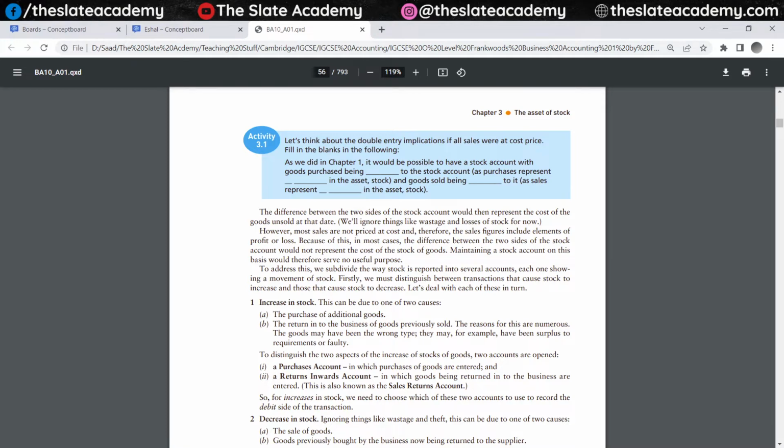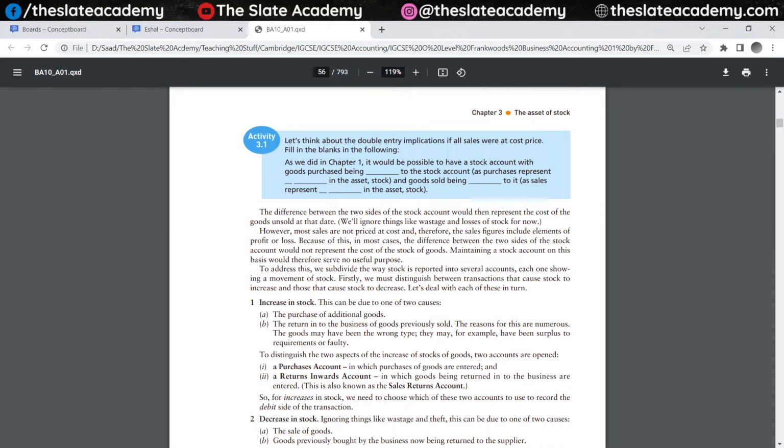So that T account where you record all the purchases, and when we say simply purchases, purchases could mean purchase of any asset, but when we say simply purchases, it would mean purchase of inventory. So all the things that we buy would be recorded in a purchases account.